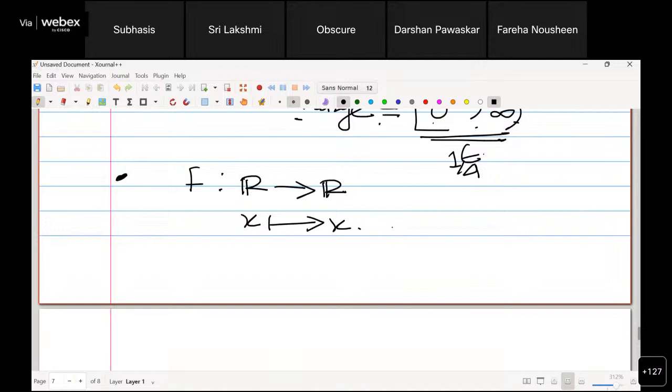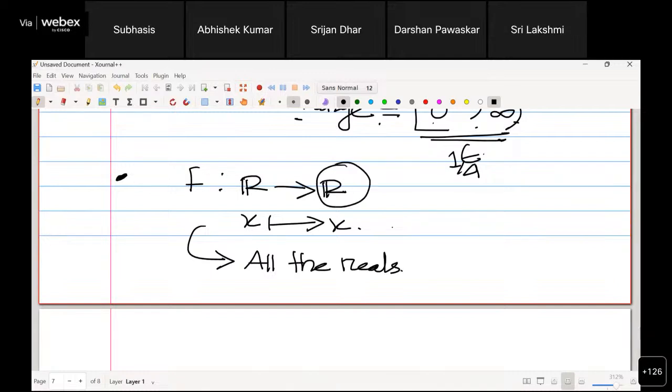All the real numbers. Range will be the same as codomain. So this is my codomain, this is my domain, and if I compute the range, then the range is basically all the real numbers.